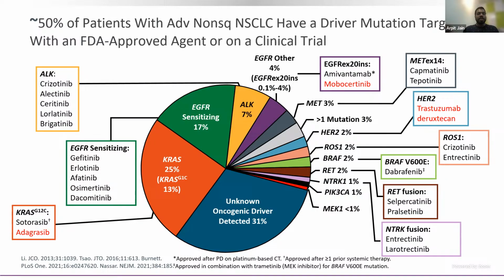Apart from that, the other most common mutation is EGFR, which can be further classified depending upon the type of mutation present. The other ones are ALK fusion, ROS1 fusion, and so on, like MET amplifications and HER2 fusion. We will be discussing each of them in the subsequent slides.